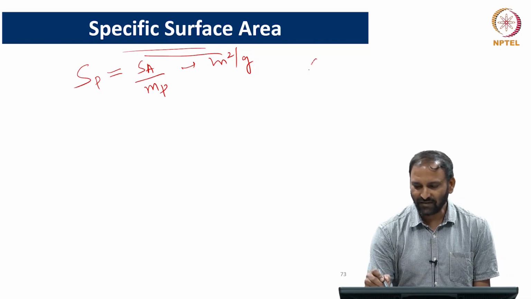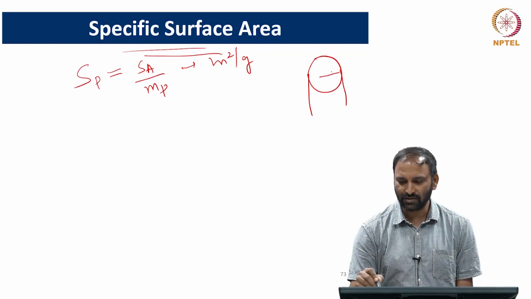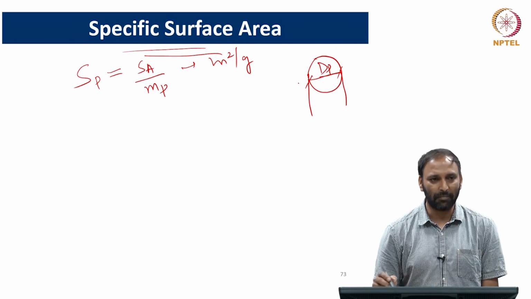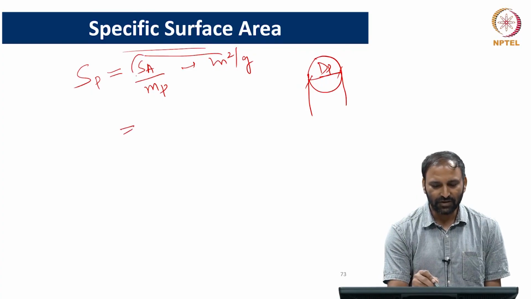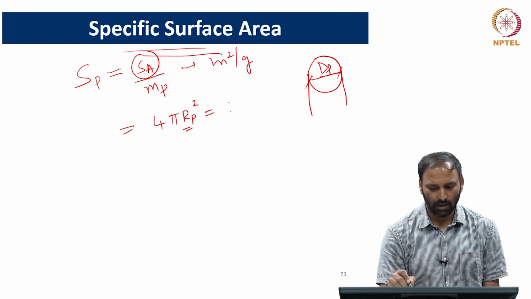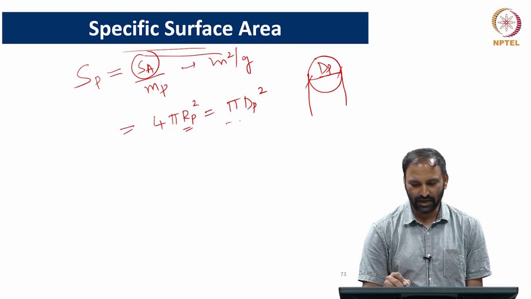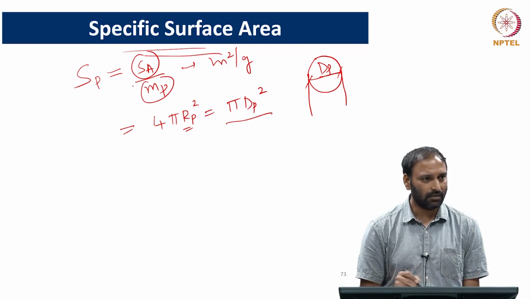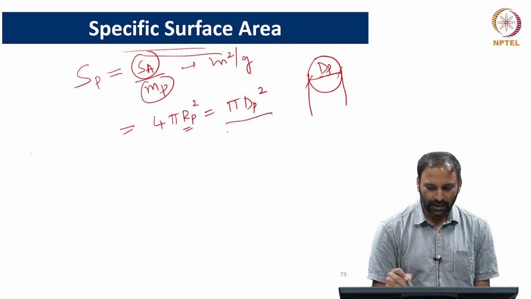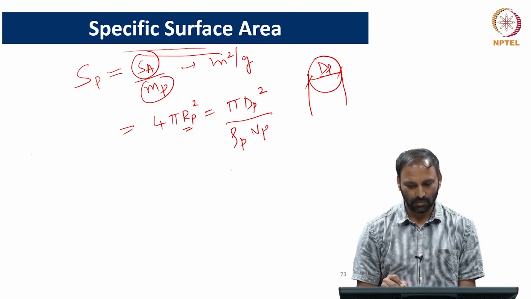So, therefore, if I have a spherical particle, say that this spherical particle has a size of dp, that is your diameter of the particle. Therefore, your surface area is going to be 4 pi rp square, that is your radius, or pi dp square, right, that is your surface area, divided by your mass of the particle. Mass of the particle is going to be density of the particle times volume of the particle, right.